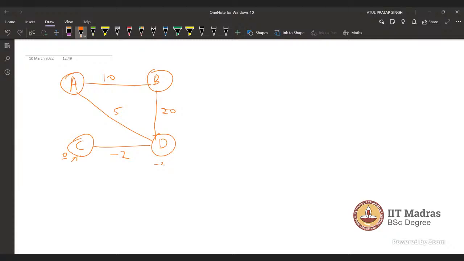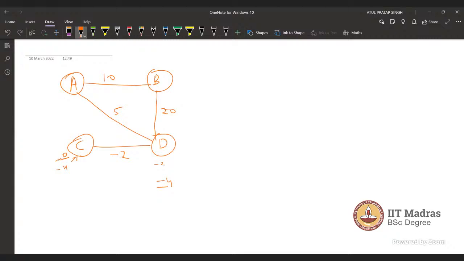Then we can also move from D to C, so now it becomes -2 plus -2, which is -4. So now the value of the shortest path becomes less. Initially it was 0, now we are getting the negative value -4, which is less than 0. So we will update again.